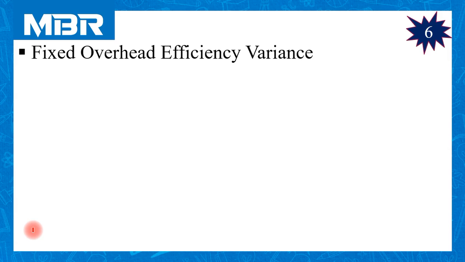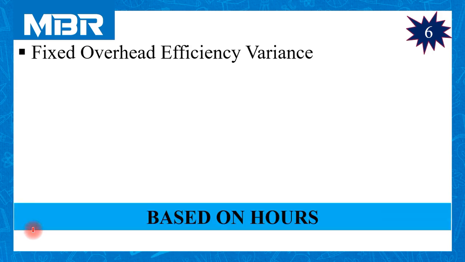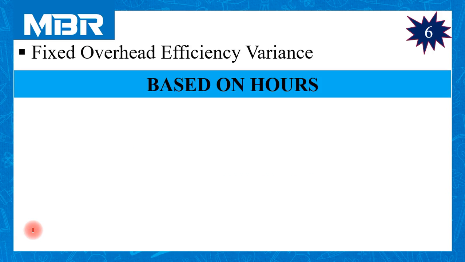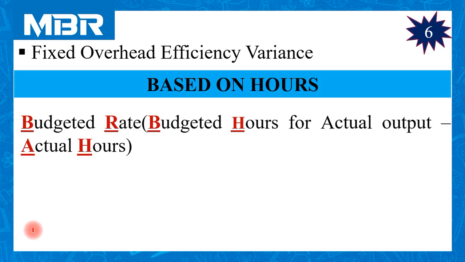We can calculate our fixed overhead efficiency variance using two different methods. Let us calculate first the fixed overhead efficiency variance based on hours: budgeted rate into bracket budgeted hours for actual output minus actual hours.